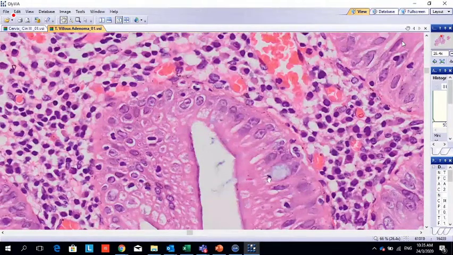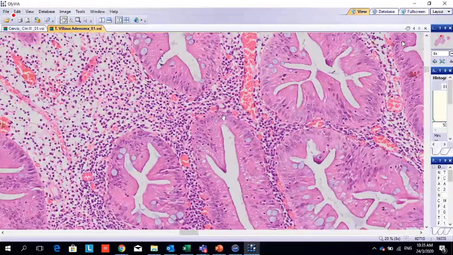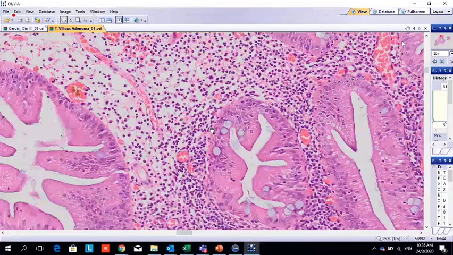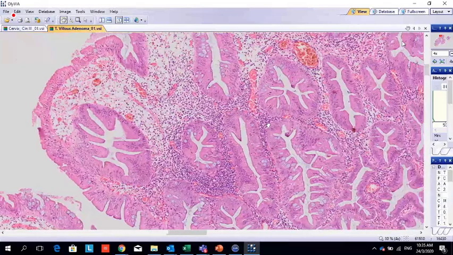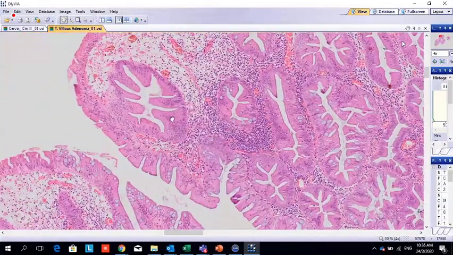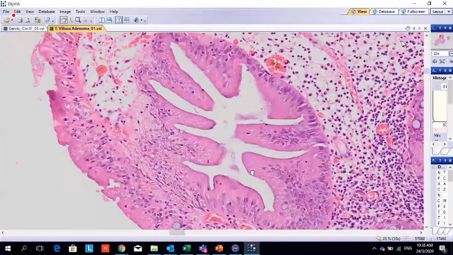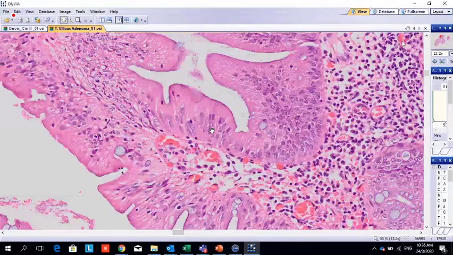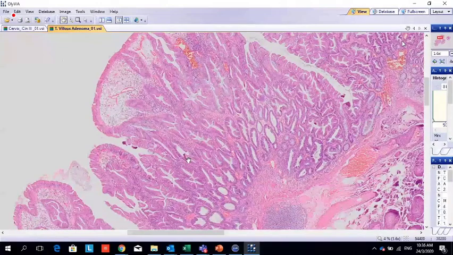You can also see mitosis there. Understood? But the dysplasia is still within the gland, so no invasion. Some areas, like here, have few goblet cells, not too many.